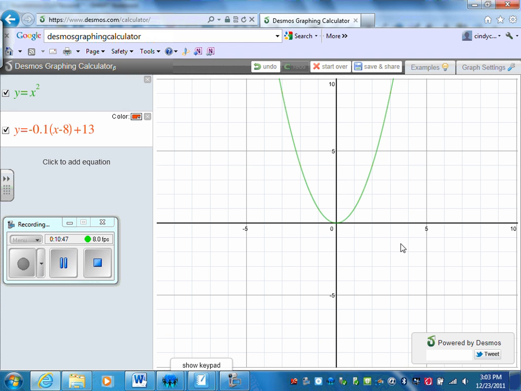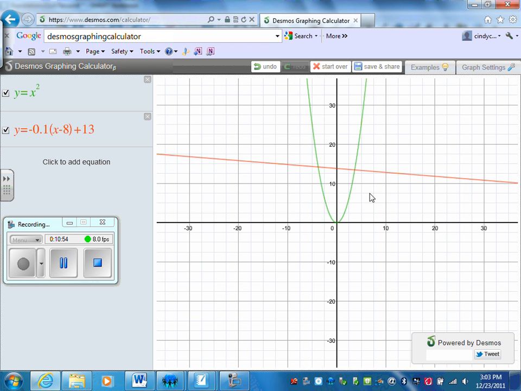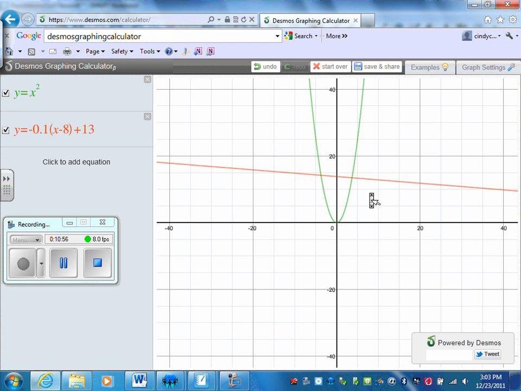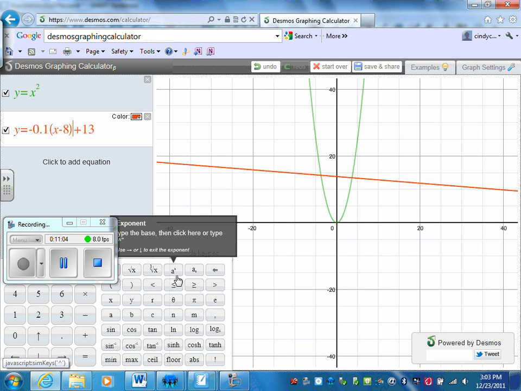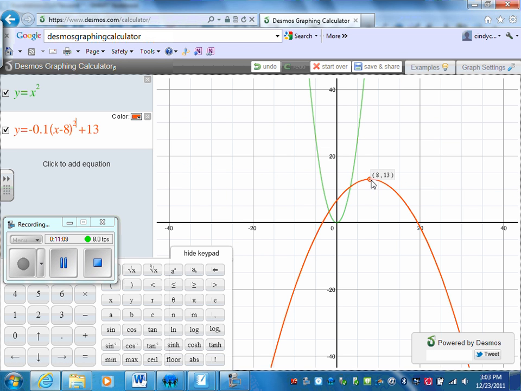And I can't even see my graph. I'm very scared. How do I zoom out? Oh, there we go. What did I do wrong? I forgot to square it. That's why it's not working. Show keypad, squared. There we go.